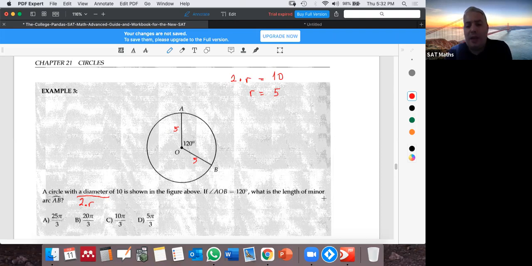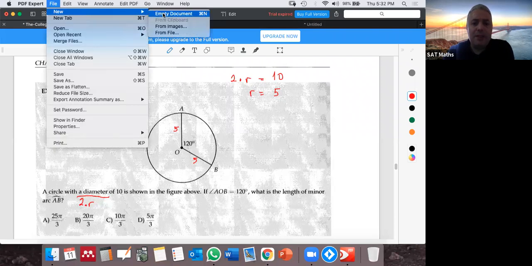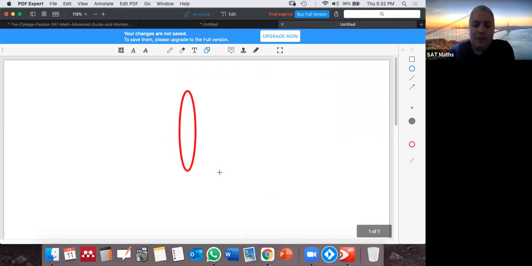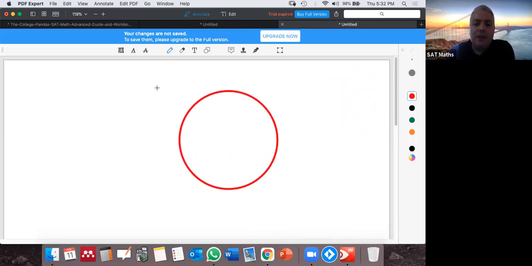There is one term here, minor and major. Let me explain them. Whenever we have any circle and we take any 2 points on the circle, like A and B, the distance between A and B can be the length of AB from here, or the length of AB from the other side.